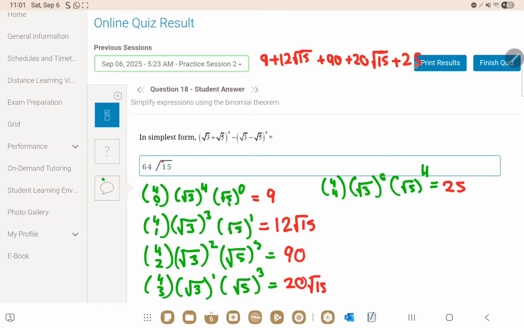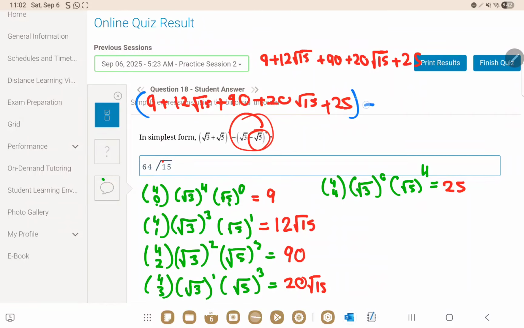Now to solve the second one, many people will just resolve it again, which isn't wrong to do, but it's a waste of time. Why? Because whenever the second value is negative, it's always alternating the negative sign. Let me show you what I mean. When you have a negative second value, you alternate the negative sign.